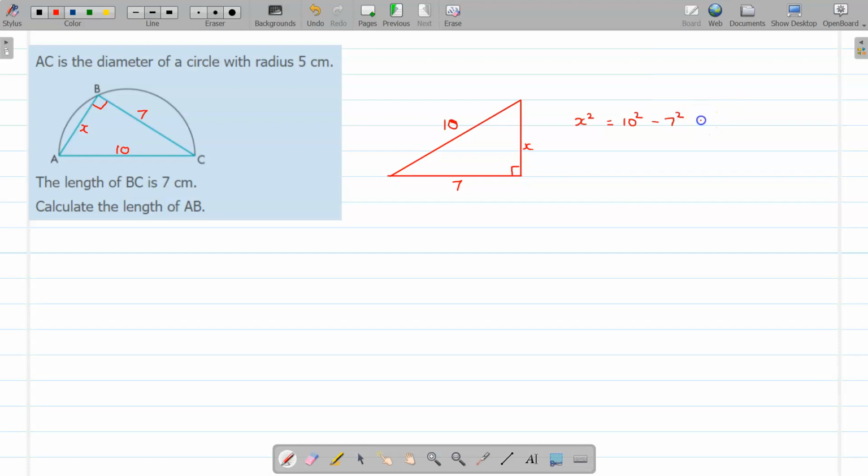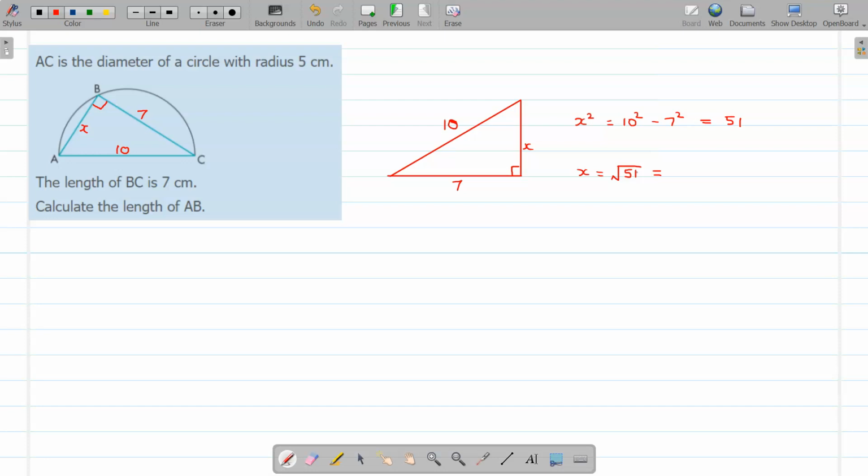And that's 100 minus 49, which is 51, which means that x must be the square root of 51.